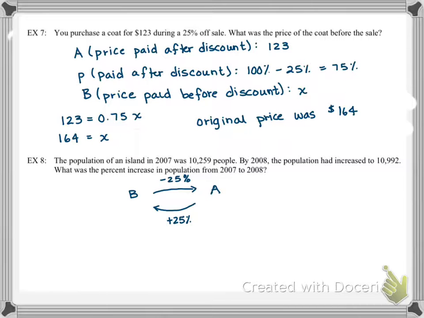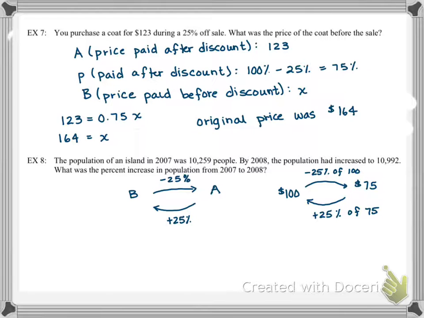For instance, if I went out to dinner and it cost $100 and I had a 25% off coupon, I'm taking 25% of 100, which gives me a $75 bill after the sale. If I try to go the other direction, what do I get if I add 25% of 75?